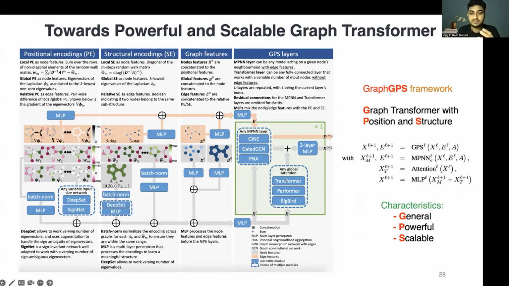So this is some sort of hybrid. In MPNN, we may have some bottlenecks which are solved by the global attention. In the case of global attention, certain information such as edge features may not be integrated directly. So this is done by the message passing neural network. So this becomes a general framework where different components can be switched off and on while designing the graph transformers.